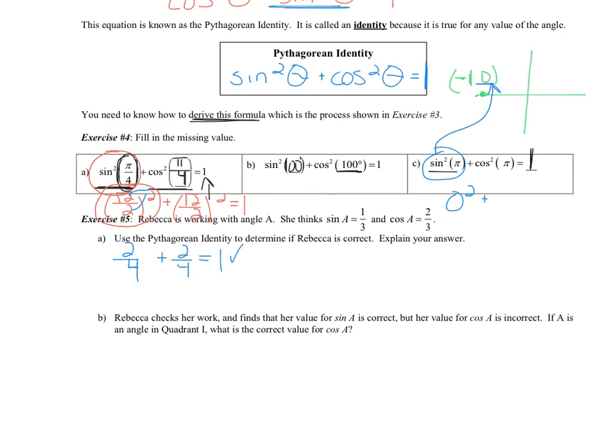The cosine of pi is the x value, right? Cosine is x. -1 squared equals 1. Looks good, right? 0 squared is 0, -1 squared is 1, and 1 does equal 1. Okay, so that's the Pythagorean identity. I could pick a weird angle like 2.5 degrees. It will still work for any particular angle.